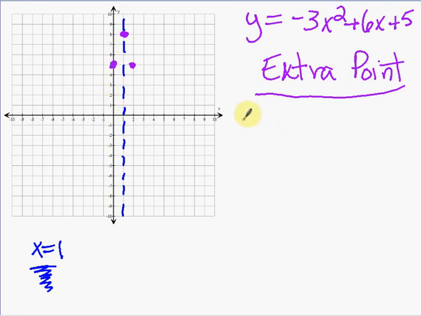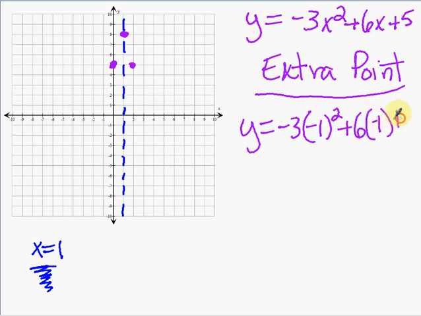So let's take our function and let's fill in -1 everywhere I see an x. And let's figure out what pops out for y. So I have -3 times 1, because -1 squared is 1, right? I have -6 and plus 5.